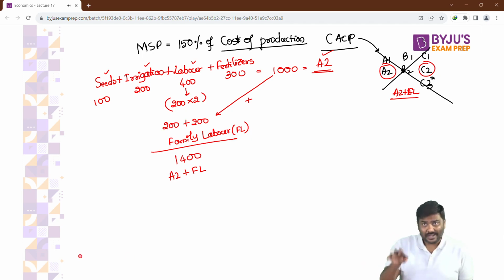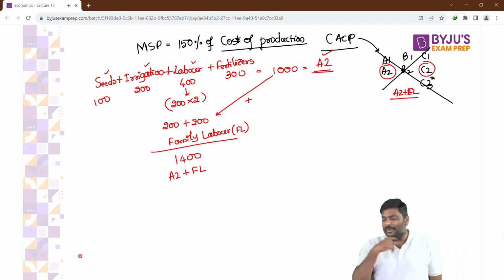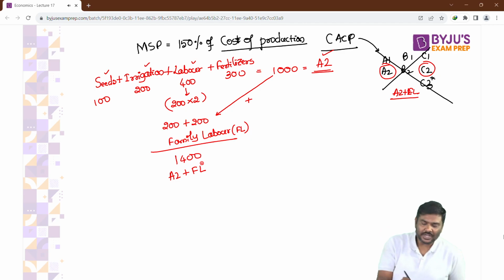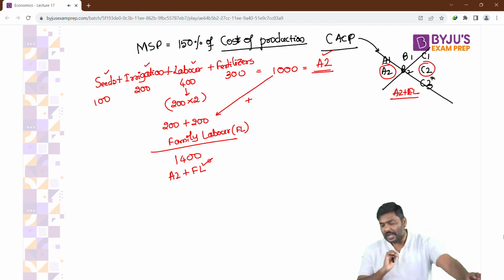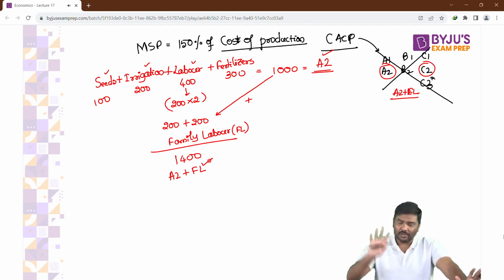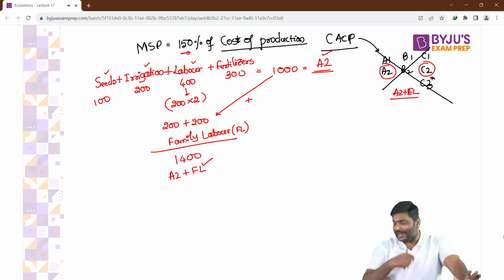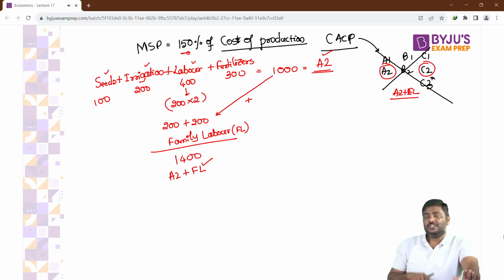Whenever the government announces MSP, generally they will use A2 plus FL. Whenever the Cabinet Committee on Economic Affairs announces MSP, they will use A2 plus FL. They'll say 150% of A2 plus FL.